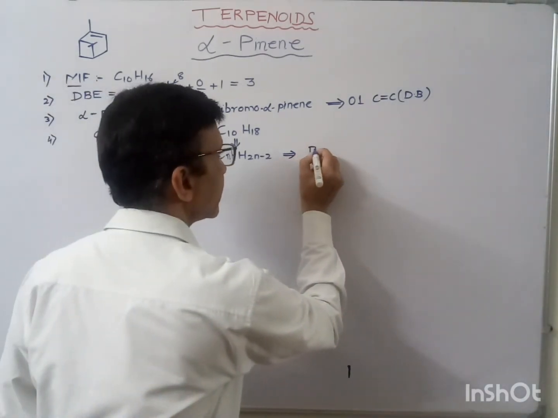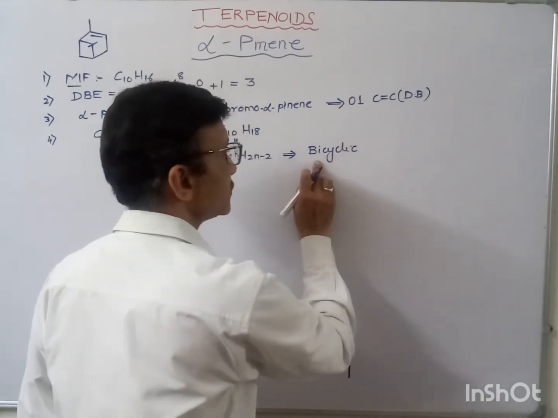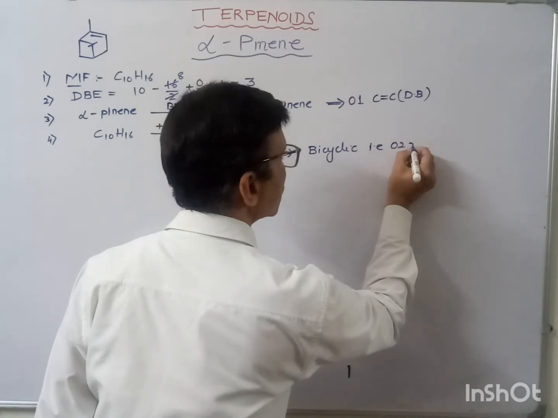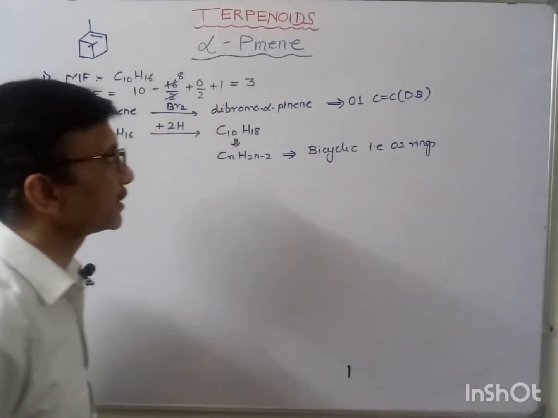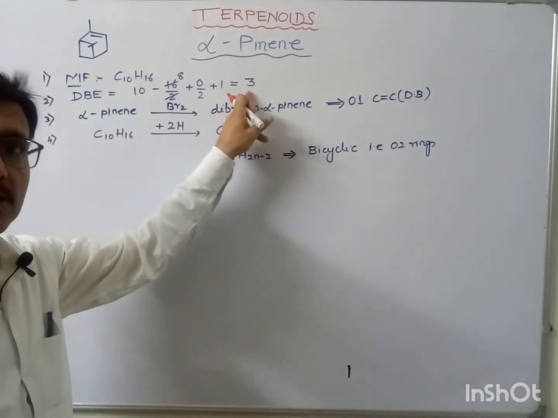It indicates the bicyclic nature, so 2 rings. So 2 rings plus 1 carbon-carbon double bond gives the double bond equivalent 3.